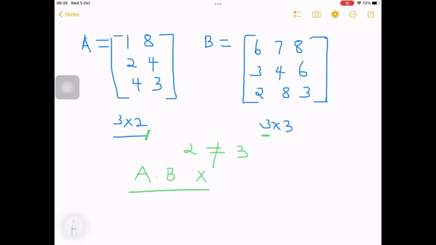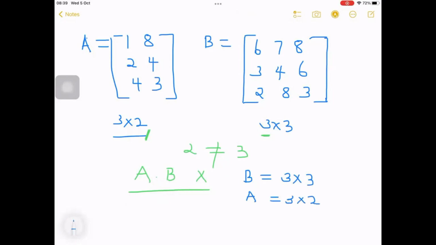Now, let's try to swap them. We start with matrix B and end with matrix A and see whether the two of them can be multiplied. Our matrix B is a 3 by 3 matrix, and our matrix A is a 3 by 2 matrix.